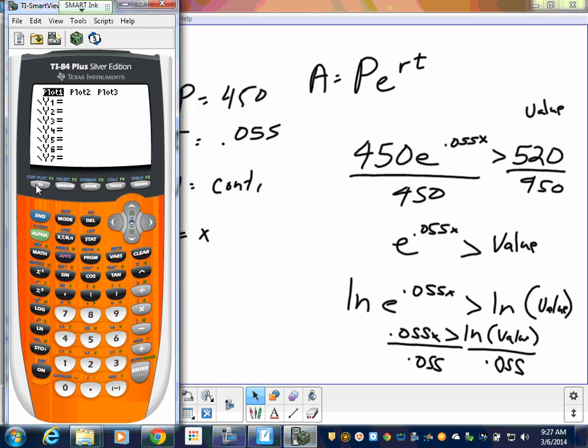Again, guys, that's the equation. To make a model out of it, I take all that stuff out and I just type this in here. 450 times e to the 0.055 x.